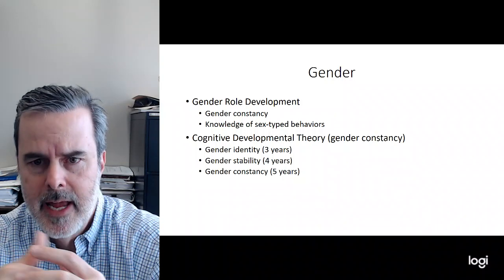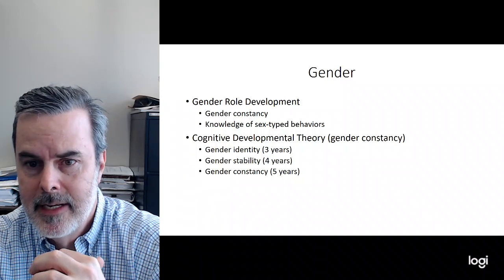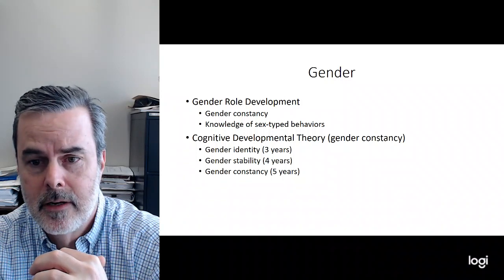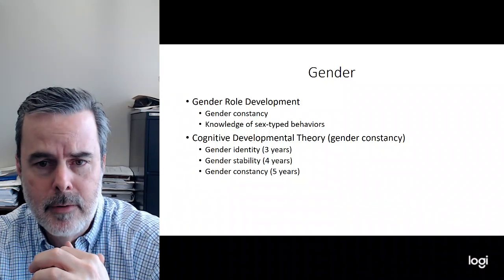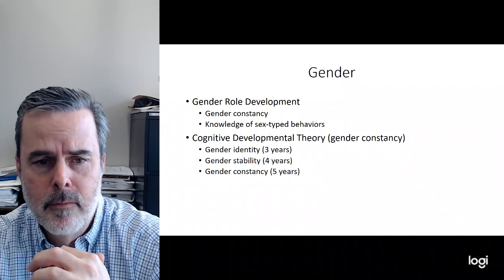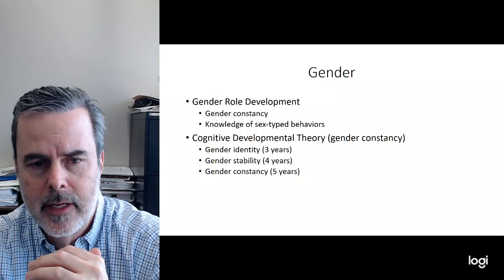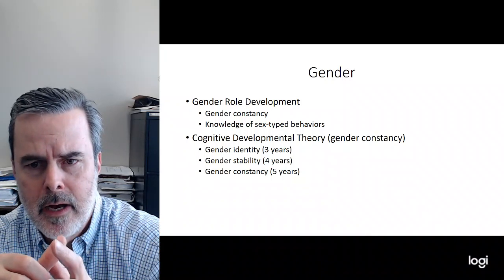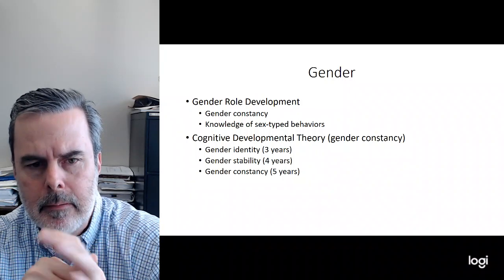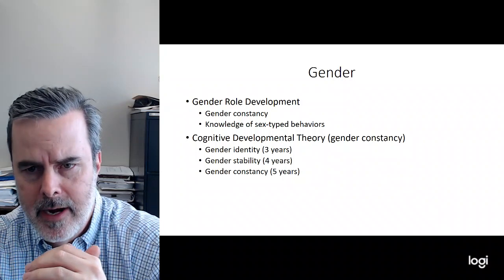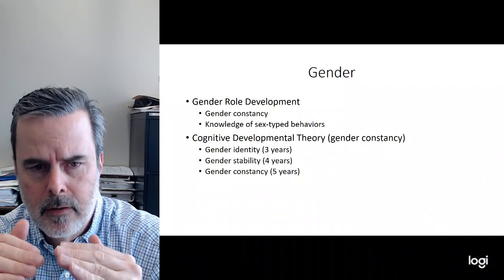And the 3 stages are gender identity, gender stability, and of course gender constancy, which you can see on the overhead, and which include the ages in which kids generally come to understand certain aspects of gender from the earliest to the latest.